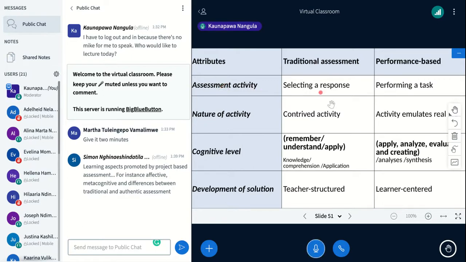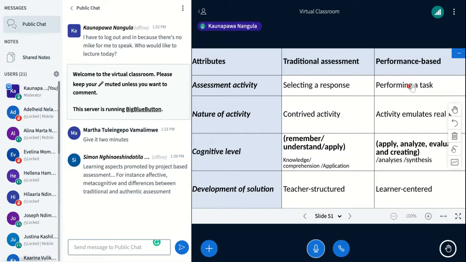Most of the information that we're going to cover here is the content that we covered yesterday. For example, most of the activities that are used in traditional assessment are selection of response, so things like multiple choice questions, where the answers are there and it's just for the students to select. And then we've got performance. We have spoken in depth about performance-based tasks.